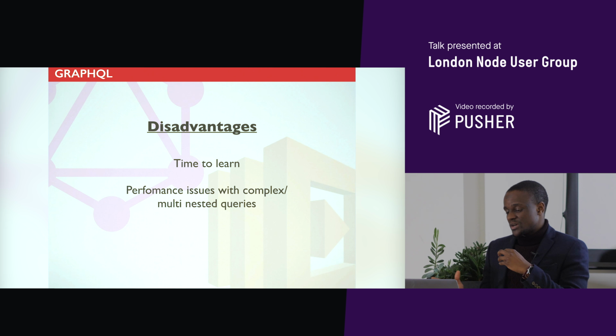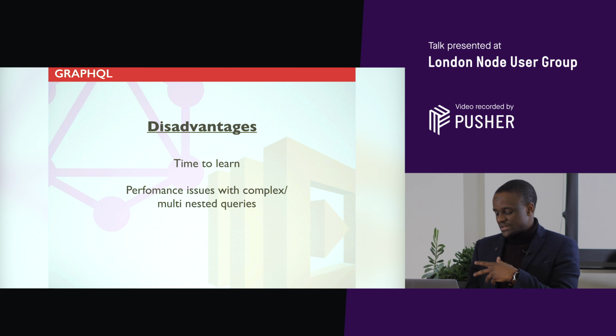That's something for another talk. The N+1 problem is one problem that can exist, which has been solved to a certain degree. So it can have performance issues, and it is something to consider.